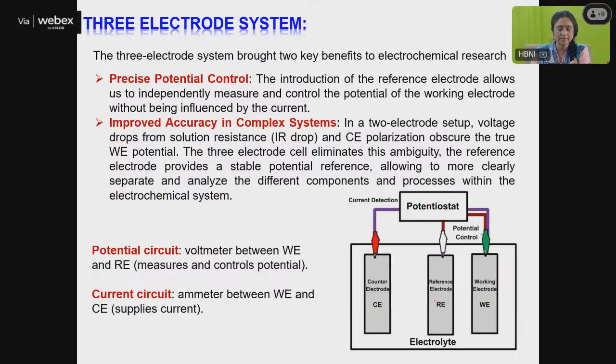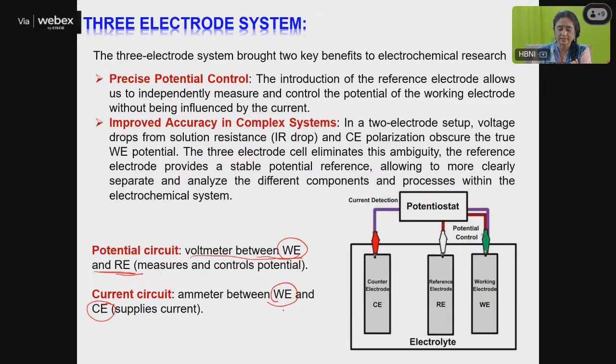Normally the connections are like this. The potential circuit is between the voltmeter, the working electrode, and your reference electrode, so that the potential of your working electrode is kept constant. And your current circuit is between your working electrode and the counter electrode.